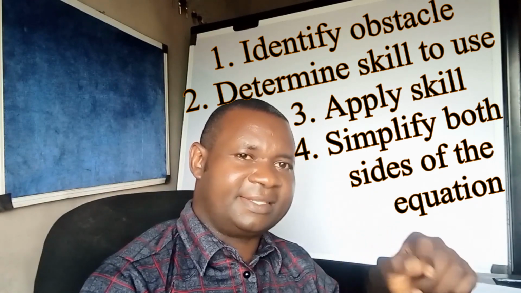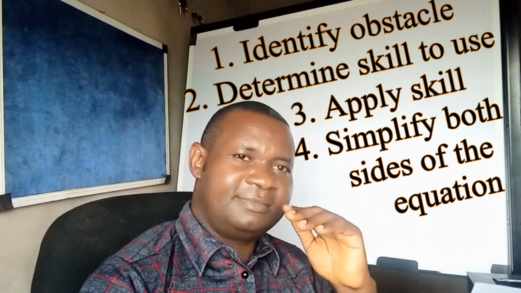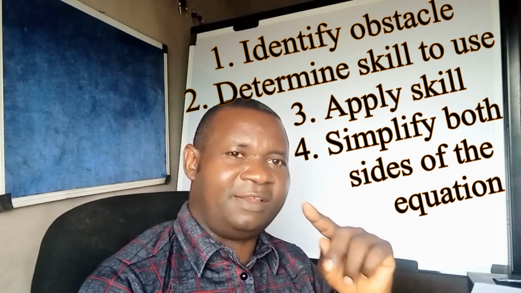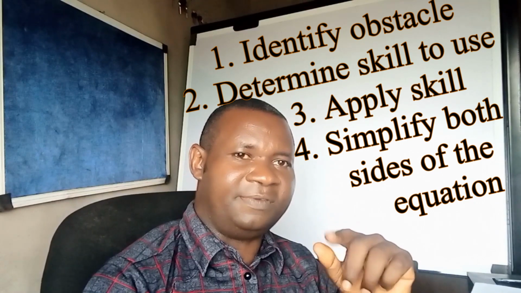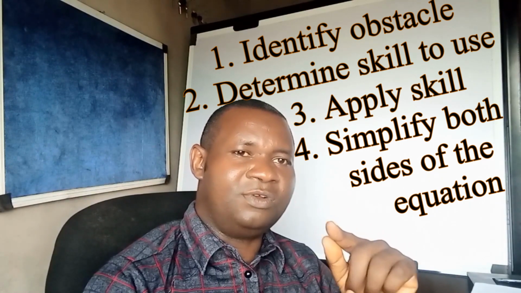Sometimes after applying a skill, both sides are simplifiable. Sometimes only one side of the equation is simplifiable. In such cases, simplify only when it is possible and where it is possible, and leave the side which is not simplifiable. Take it forward to the next level and then keep treating the equation.